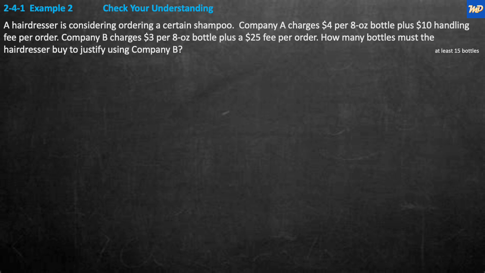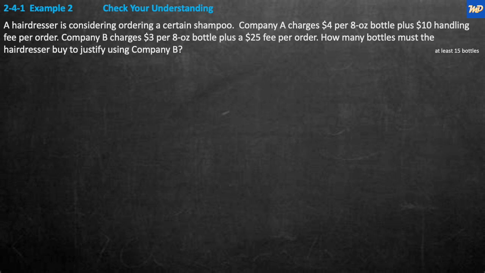Okay, so we have two sides of an equation, and the two sides say what? The two sides say on one hand you have $4 per bottle plus 10, right? And I'm going to say the bottles are, we'll call them B for bottles, okay?